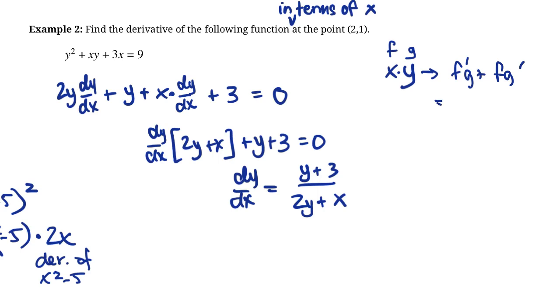So if we follow that pattern, f prime, the derivative of x, is just 1, so it's going to be just y, because it's 1 times y, plus f g prime. f is just x, and g prime is just the derivative of y. The derivative of y in terms of x, we know, is just 1 times dy by dx. So essentially this comes out to y plus x dy by dx, which is what I put in here, okay?